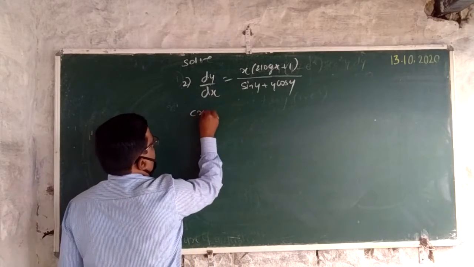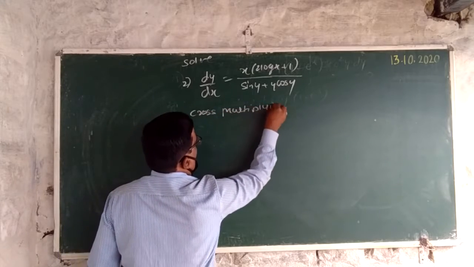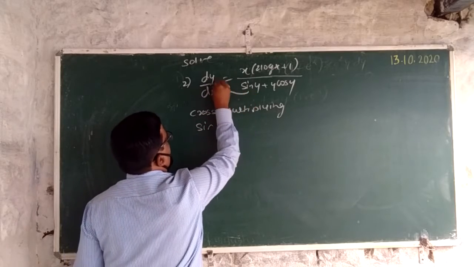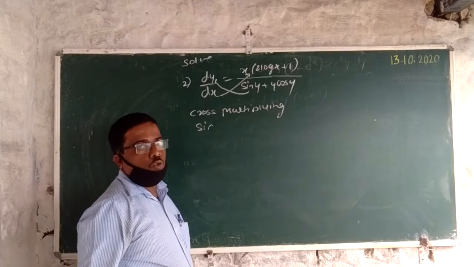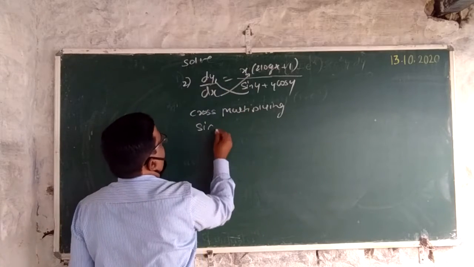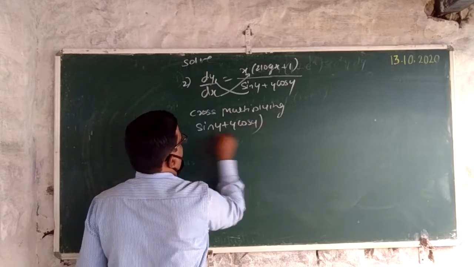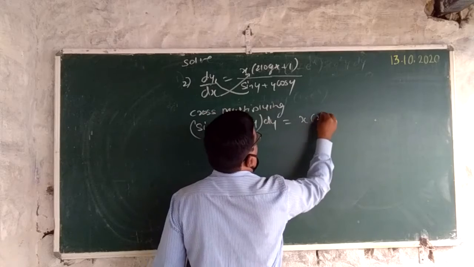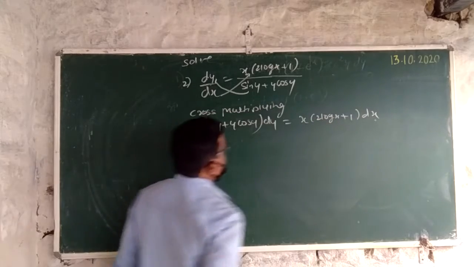So cross multiplying, what we get? This is multiplied to dy and this is multiplied to x into 2 log x plus 1. So that is sin y plus y cos y dy is equal to x into 2 log x plus 1 dx.